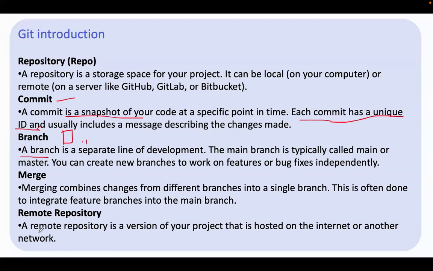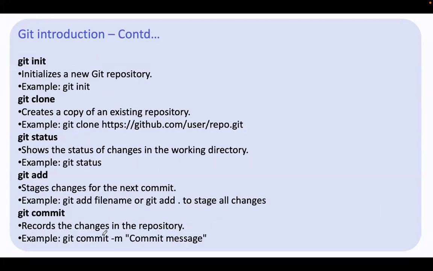Okay. Remote repository is just available over the internet that can be used by other people at any point in time as long as they have the credentials to log into the remote. Git clone creates a copy of an existing repository on a local machine.